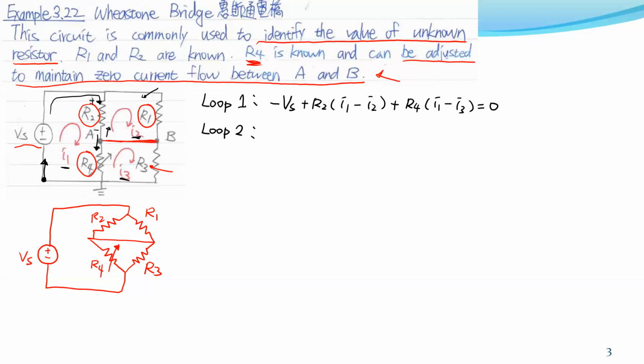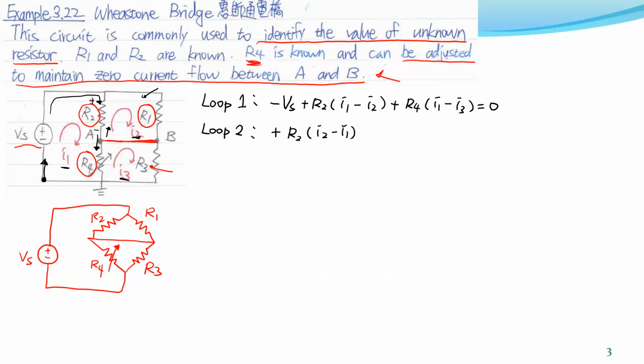It always consumes energy, so we have a plus. We must meet the plus terminal first. So plus R2 times (I2 minus I1), because right now we need to write the equation from the perspective of I2.